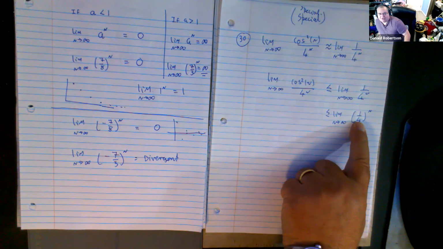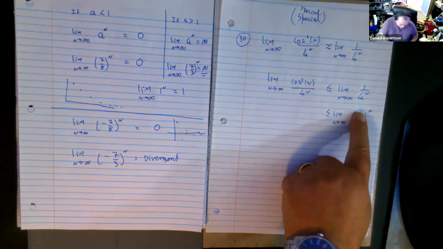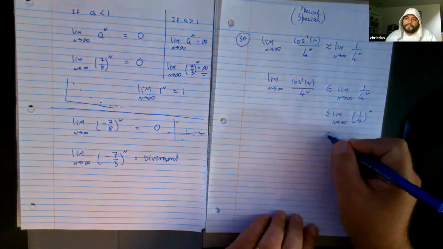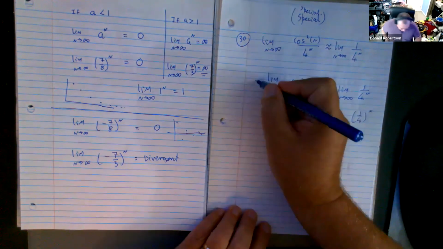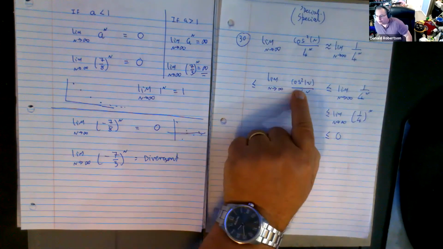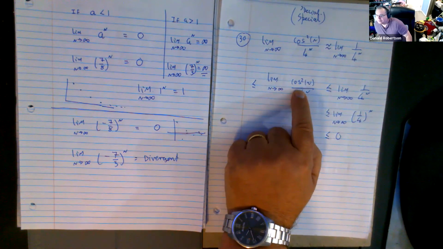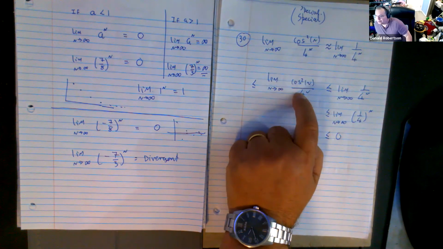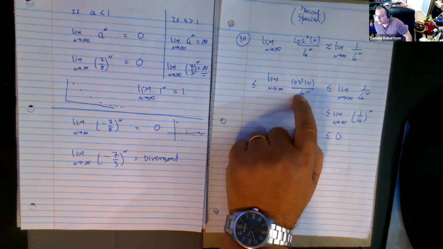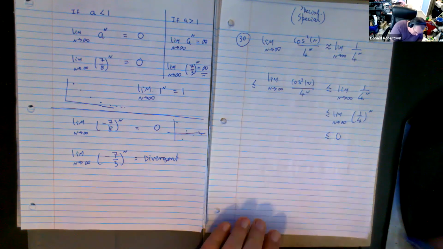We just finished doing them a minute ago. If a is less than 1, it's 0. 0, yeah. Now, over here, would you agree that this thing is always positive? cos squared is positive, 4 to the power of n is positive. It's always positive.